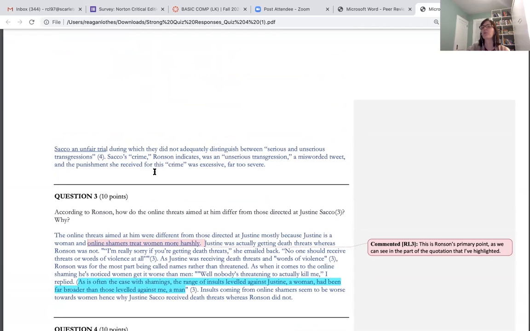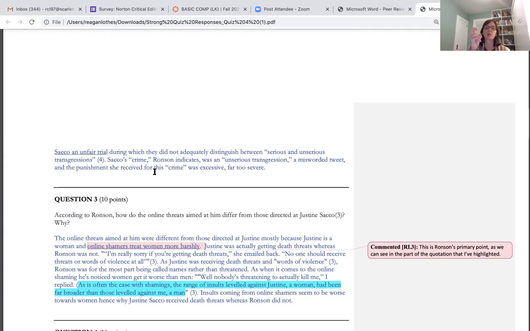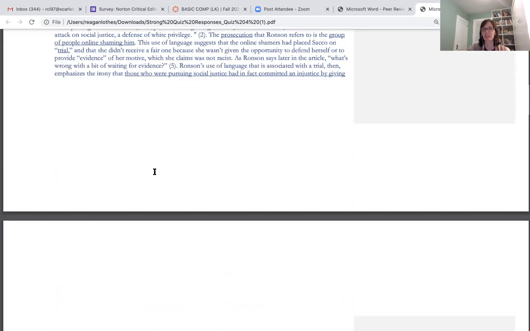That's a key point in Ronson's article, as we'll see in a later question. Sacco's crime, Ronson indicates, was an unserious transgression, a misworded tweet. And the punishment she received for this supposed crime was excessive, far too severe, in his opinion.